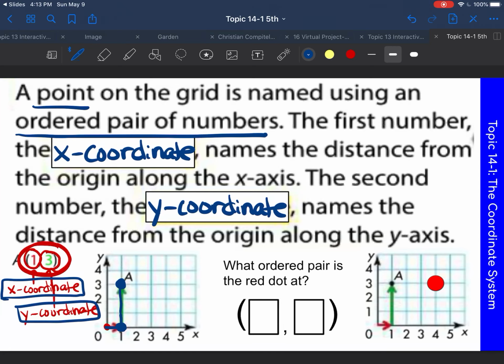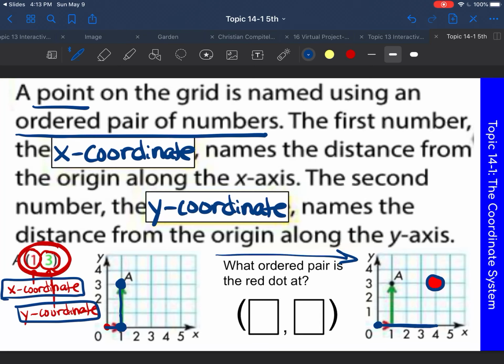Now we're going to identify where certain points are. Let's look at this example. It says, what ordered pair is the red dot at? To understand how to do it, we always look on the x-axis first. We start at the origin and go over until right underneath the dot.